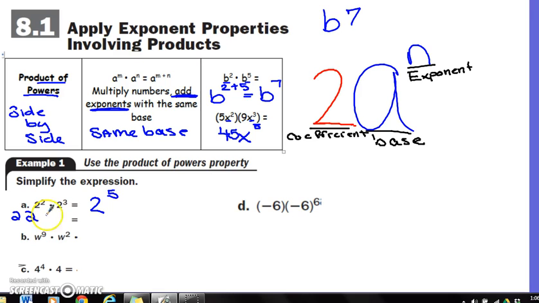In the second one we had 3. So altogether there are 5 2s. Now what about these W's? We have W to the 9th and W to the 7th. Then you still add the 9 to the 7.